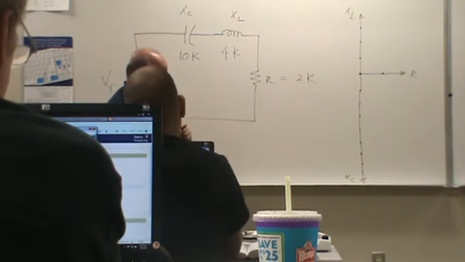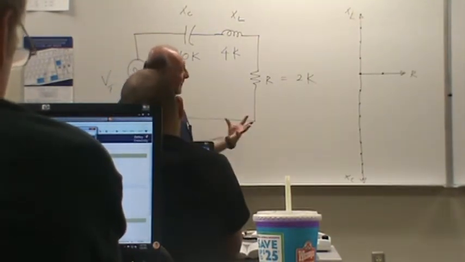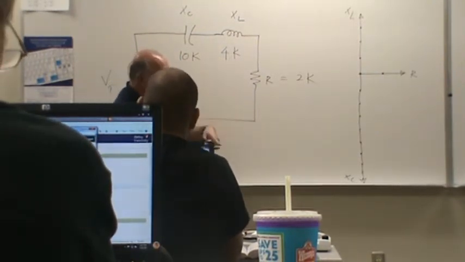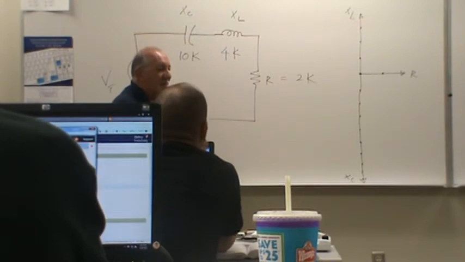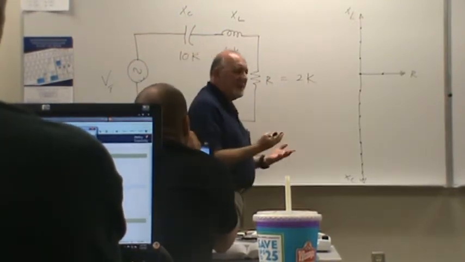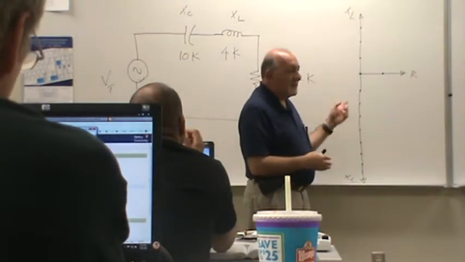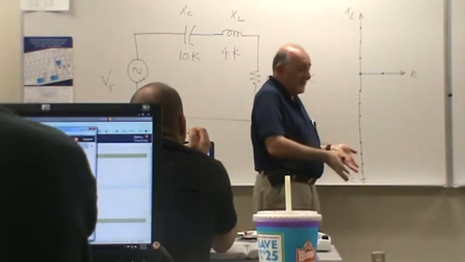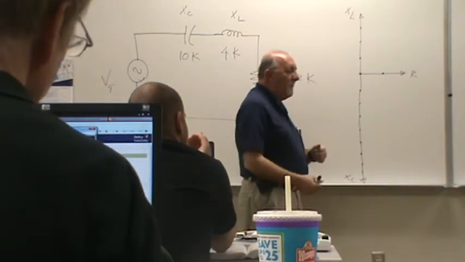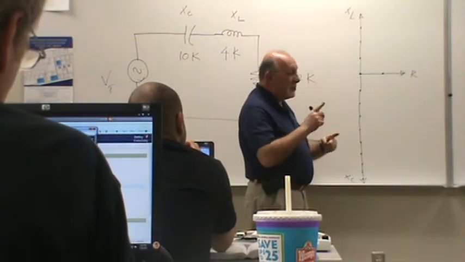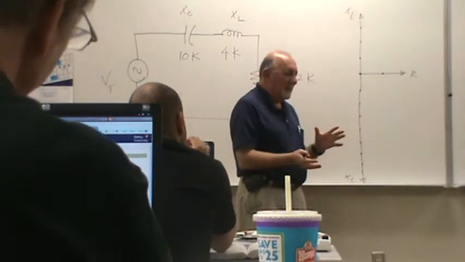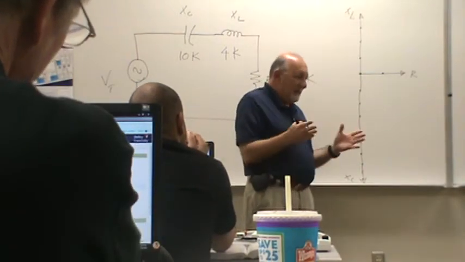So now I know that X of L and X of C are 180 degrees out of phase. So we can actually algebraically add them. I can add X of C and X of L. It's just a simple one, but you have to subtract, because one goes to a negative number, one is positive. So if I want to find a total reactance, I don't care if it's inductive or capacitive reactance, whichever dominates.